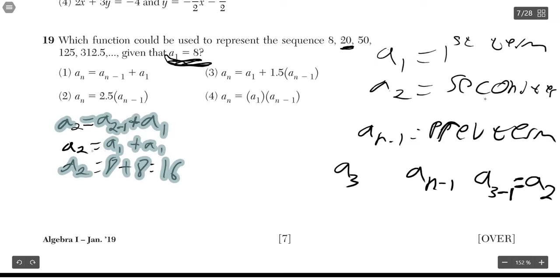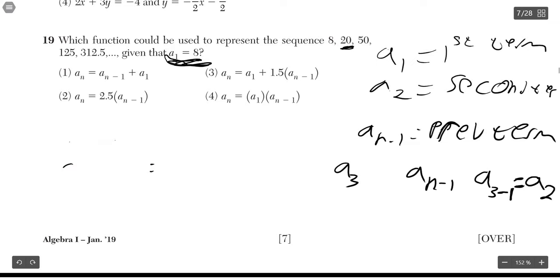Now, if you can, try to pause the video and try checking the rest of the choices yourself. Now I'm going to do it. Let's see, when n is 2, a sub 2, that's the second term, is going to be 2.5 times the previous one.